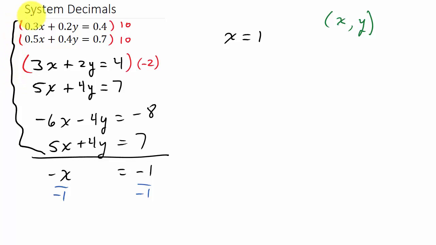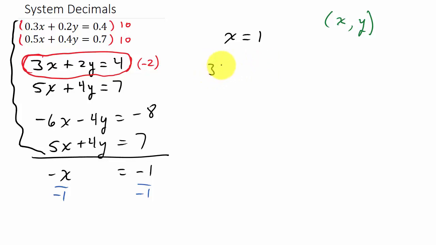It makes no difference. So I'm going to plug it into this one right here, because the numbers are smaller. Like I said, you can plug it into any one. So let's plug 1 in for x.